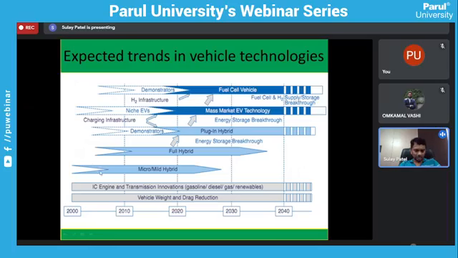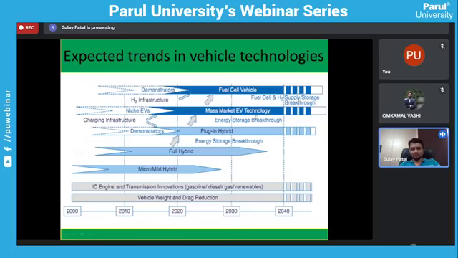But you can see here that from 2010 onwards, micro and mild hybrid innovations were there, but full hybrid vehicles have taken over the innovations. Micro and mild hybrid innovations are almost completed, and full hybrid innovations are going on right now. After that, you can see that mass market EV technologies have the best scope for innovations and research, and fuel cell vehicles also have research trends.